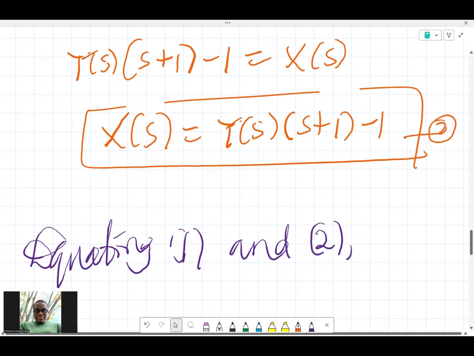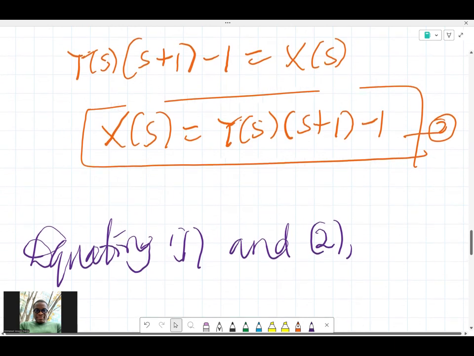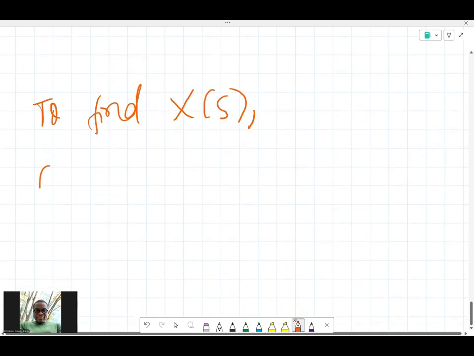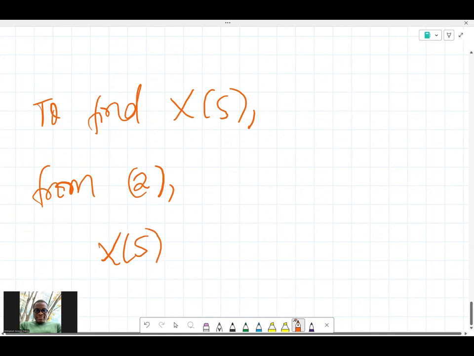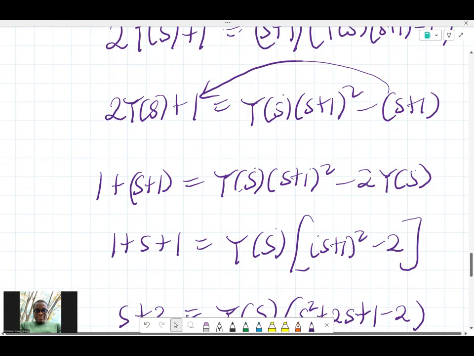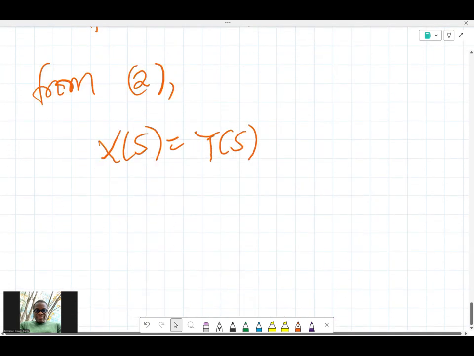So from equation 2, X(s) is equal to Y(s)(s + 1) - 1.